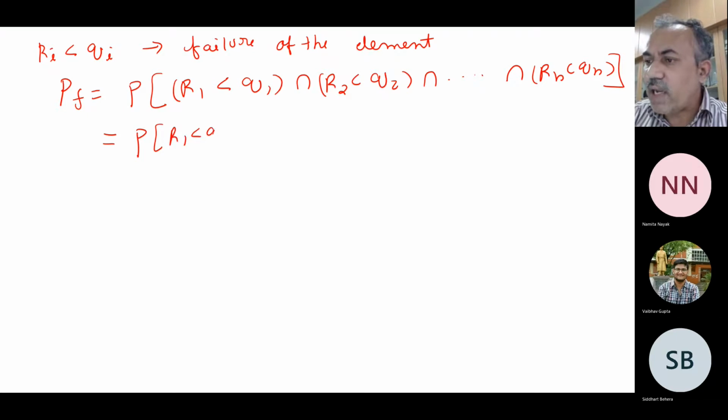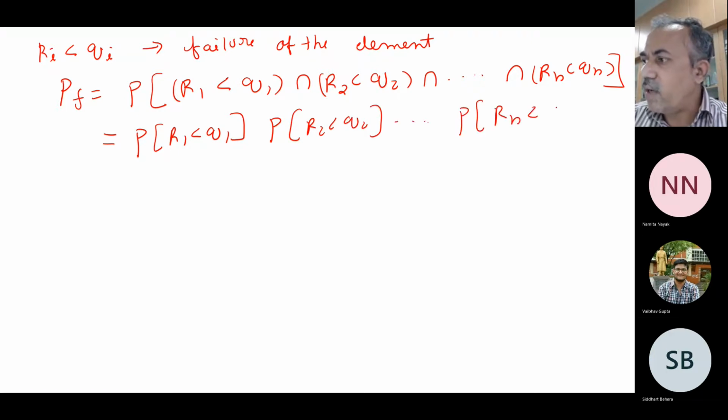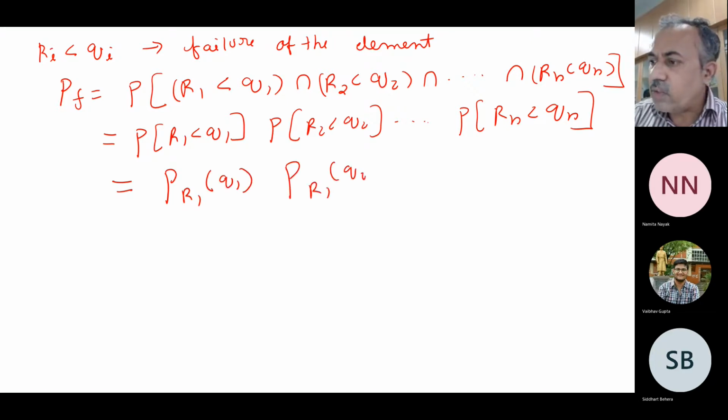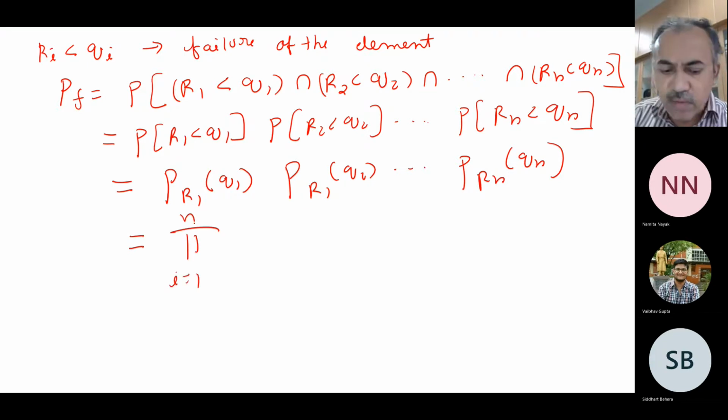So P(R1 less than Q1) multiplied by P(R2 less than Q2), like this, up to P(Rn less than Qn). Or you can write this in terms of probability density, F_R1 of Q1, F_R2 of Q2, like this, up to F_Rn of Qn. And finally, you can write this as the multiplication of all these individual probabilities of failure actually.